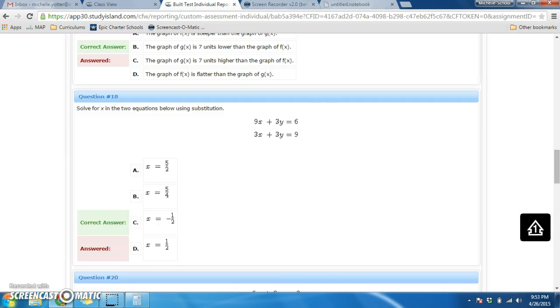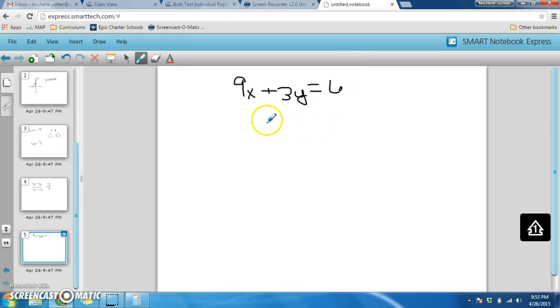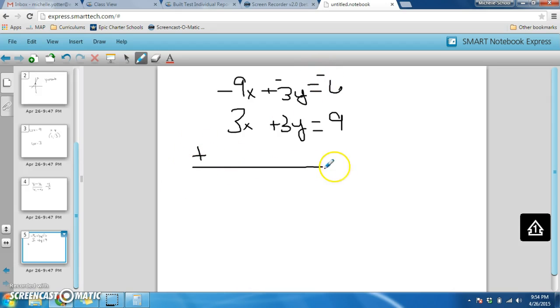Okay, and our other one is 3x plus 3y equals 9. Okay, our y's are already the same number, so it's great. So I'm just going to multiply this top one by negative 1, so I'm going to change all my signs to be opposite. And then I'm just going to add them together.